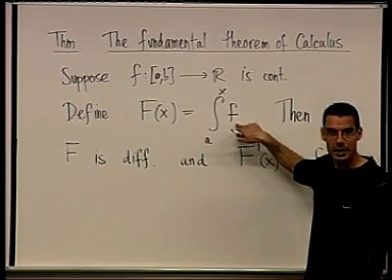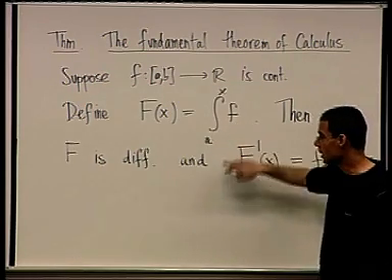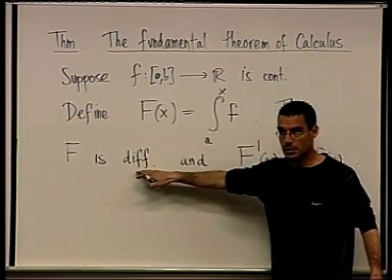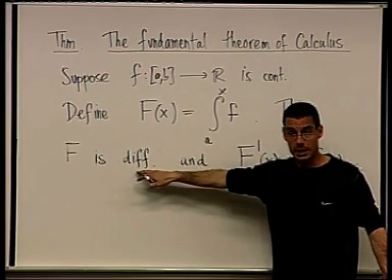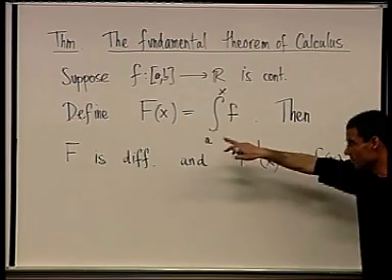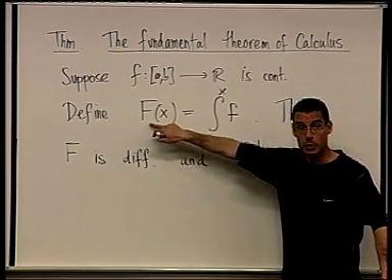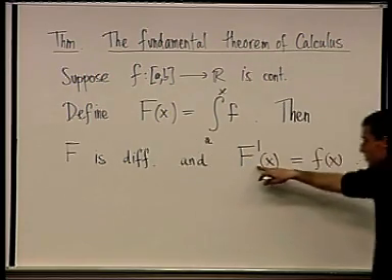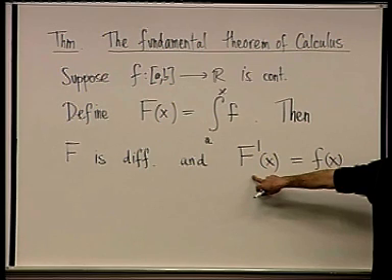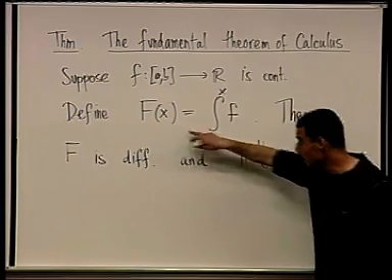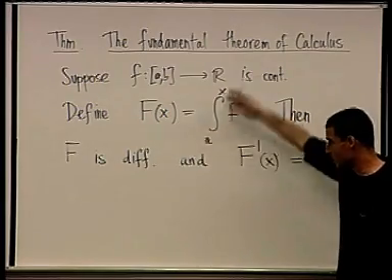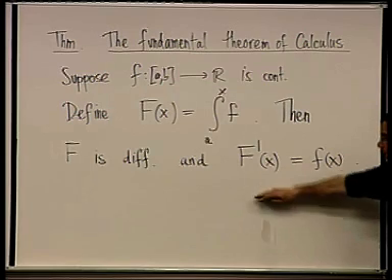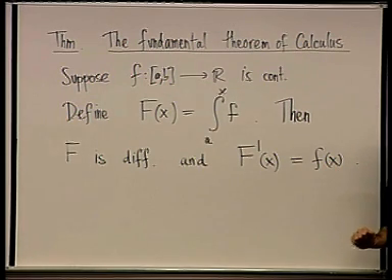And somehow, by some magic door, the whole topic of differentiability just came in. And moreover, it turns out that this big F, which accumulates area under the integral of little f, is just the antiderivative in disguise. That's the statement. This function, which was defined in a kind of sneaky, snakish way, is just an antiderivative. Its derivative is little f. Do you see that?